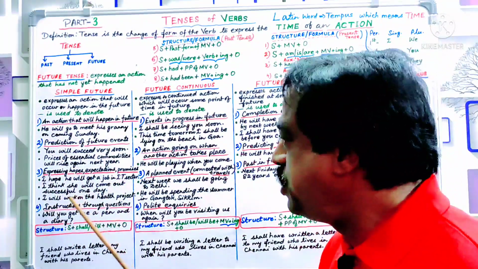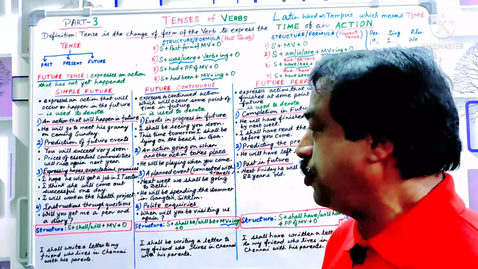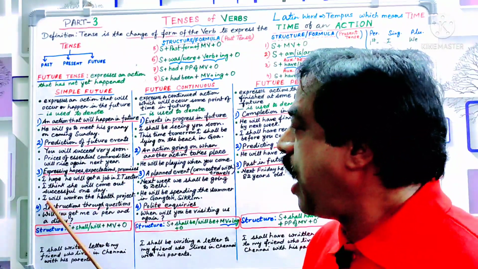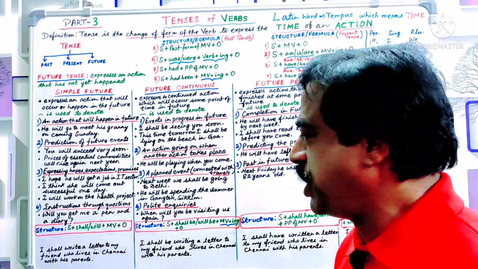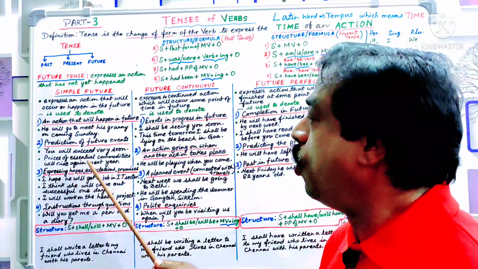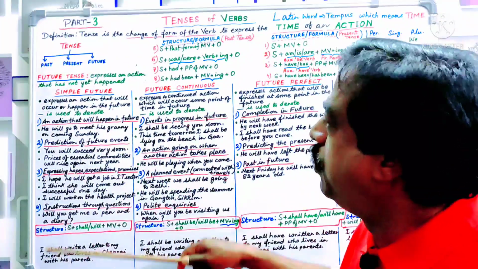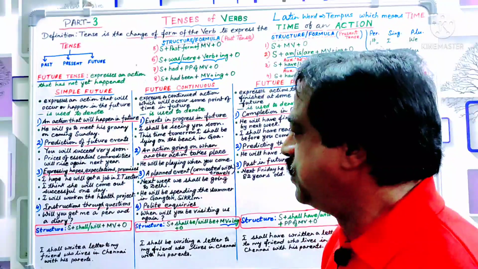And about expectation: I think he will come out successful one day. And with regard to promise: I will work on the health project. These are very good uses of simple future tense.